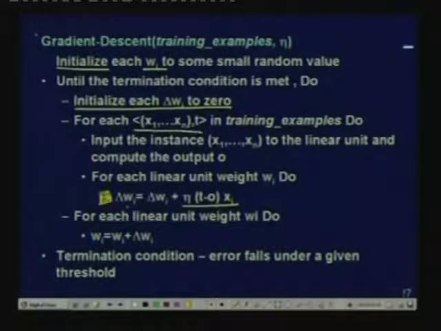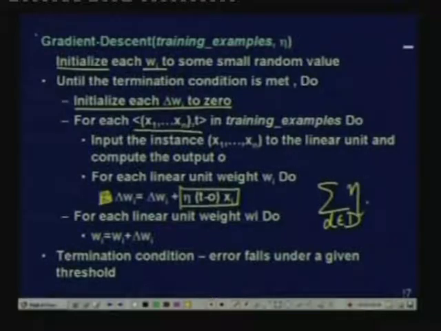So, we basically are finding the sum of this term over all the training examples. That is why we have to do delta Wi is previous delta Wi plus eta times (t minus O) times xi, and before we started this loop we had put delta Wi as 0. So, basically we are finding out the sigma over all training examples of eta (t minus O) xi.